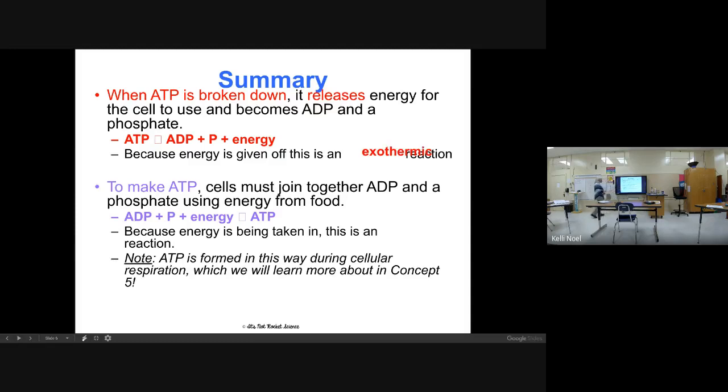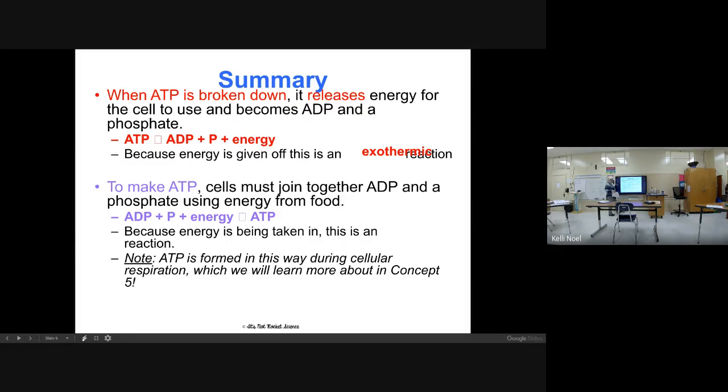Exothermic reaction. So to make ATP, cells use the energy from the food that we've eaten that's been broken down, that energy that was in that food is then used to join an ADP and a phosphate. And so where this little box is should have been an arrow. Energy is being taken in.